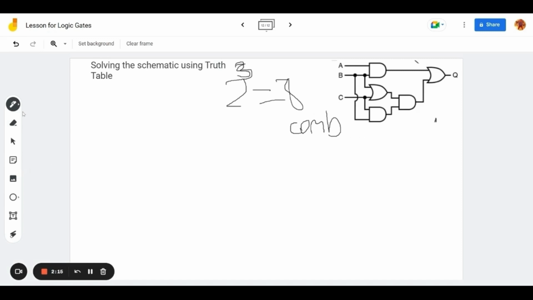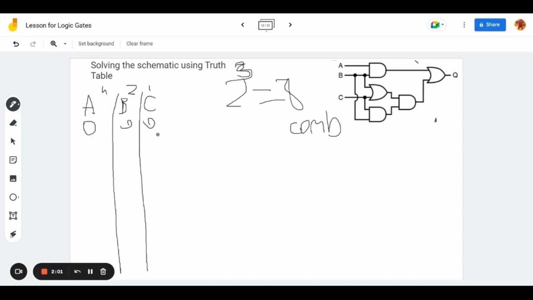Let's draw the schematic truth table out. A, B, C. 1, 2, 4. 0, 0, 0. Always starting off with 0. 0, 0, 1. 0, 1, 0. 0, 1, 1. 1, 0, 0.